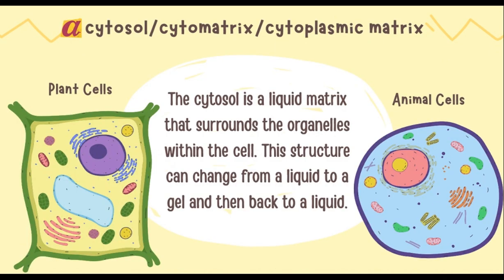Cytosol or cytomatrix or cytoplasmic matrix is a liquid matrix that surrounds the organelles within the cell. This structure can change from a liquid to a gel and then back to a liquid.